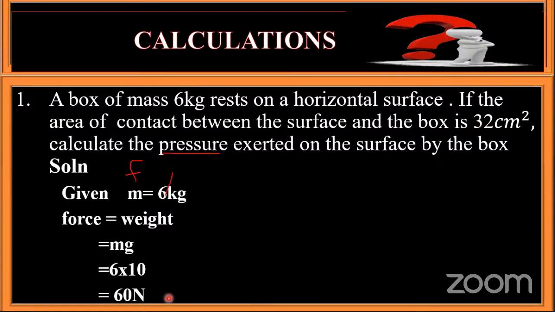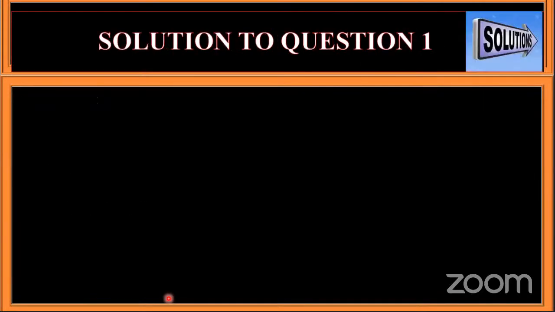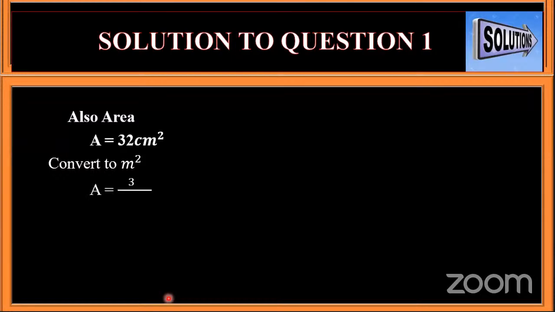Area is given as 32 centimeters squared, but we have to convert it to meter squared. So area equals 32 divided by 10,000 meter squared.